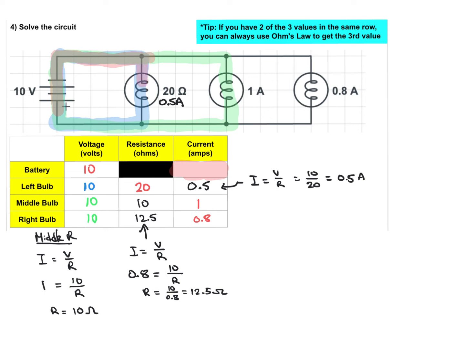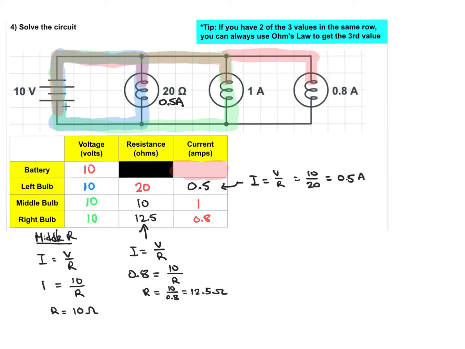The rest of it would continue on until it reaches the next junction, where it looks like 1 amp goes down the path of the middle bulb, and then 0.8 amps goes to the final pathway. So I'm going to, in red, write out the amps here.